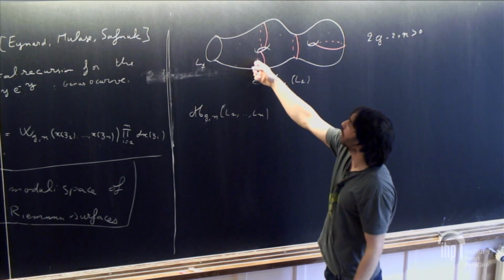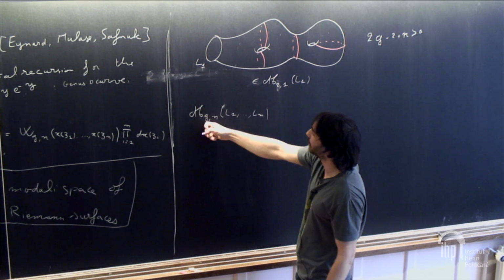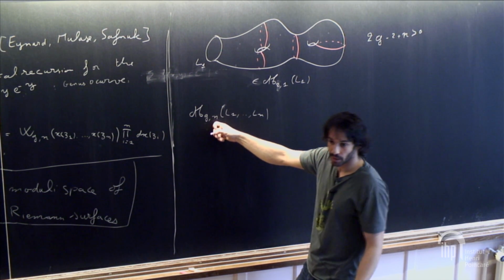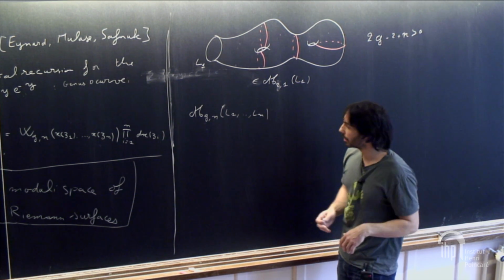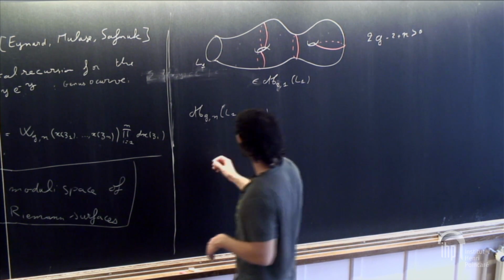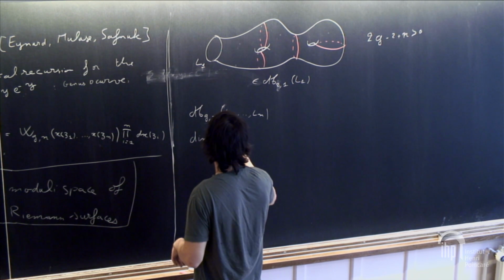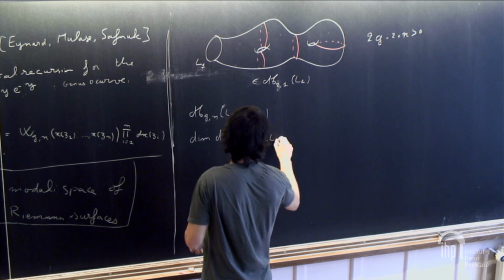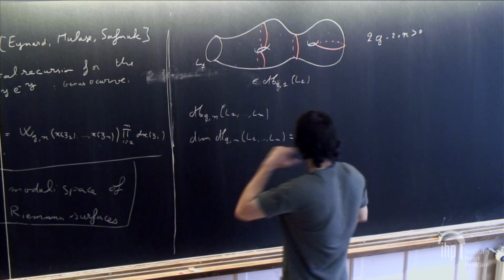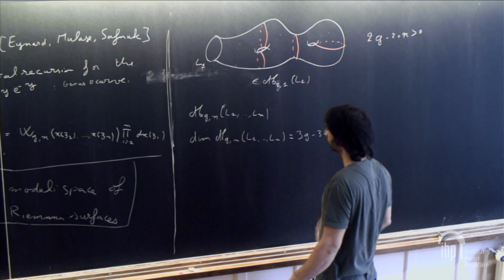The idea behind that would be that the simplest element would be the case where I've got G equals 0 and n equals 3, which is just the moduli space of pairs of pants with given boundary lengths. And something you can prove is that this moduli space has dimension 3G minus 3 plus n.